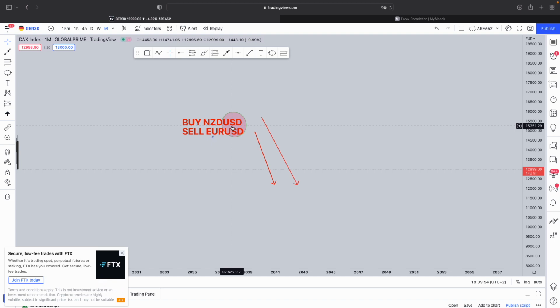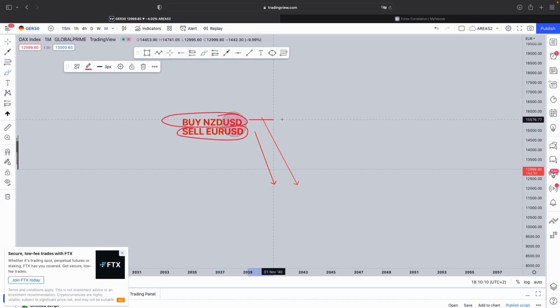But when the fundamental data comes out and it's good for the dollar, this NZD buy is going to go down. That means you will be in a loss in this one. But in this one, you will be in a win, because the euro is going to get stronger against the US dollar.